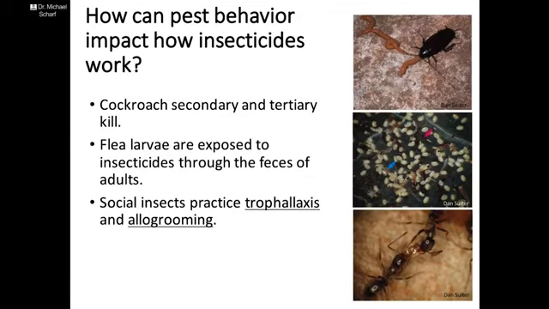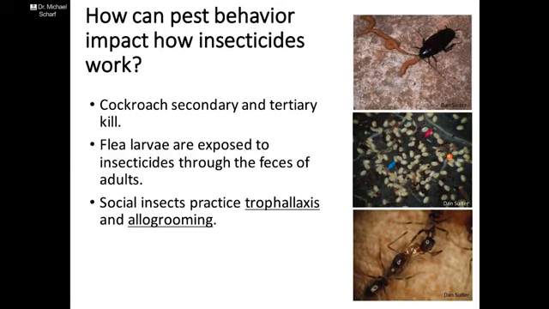Insects have behaviors that make a lot of our insecticides today work. A lot of these insecticides are very water soluble, and that can allow them to move from one insect to another, like with cockroach secondary and tertiary kill after they feed on baits. For example, flea larvae are also exposed to insecticides through the feces of adults.